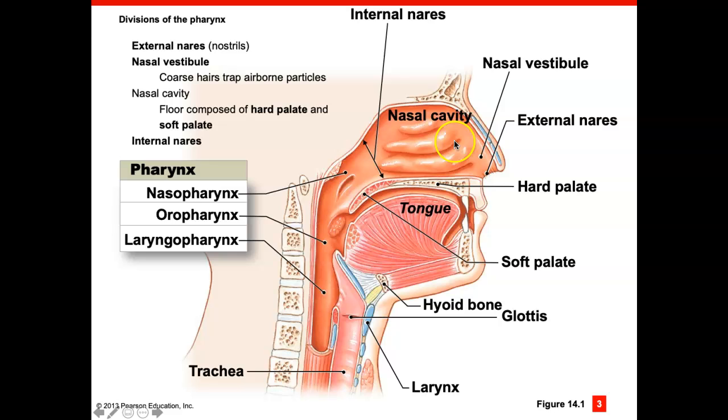And then the nasal cavity itself has these odd-shaped bones called conchae sticking out to increase surface area, and it causes the air we breathe in to pass over this, allowing the air to spend more time in the nasal cavity to warm up and clean up. The floor of this nasal cavity is composed of the hard, bony palate and then the soft palate, and that soft palate then ends here.